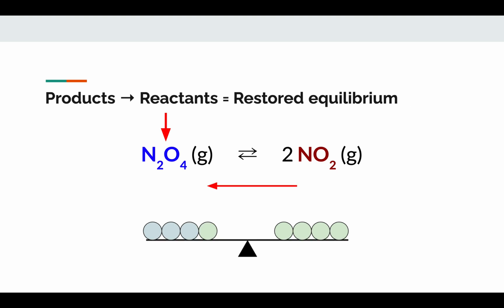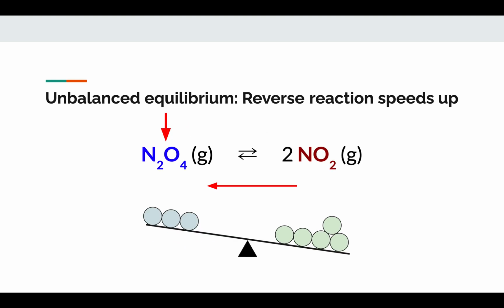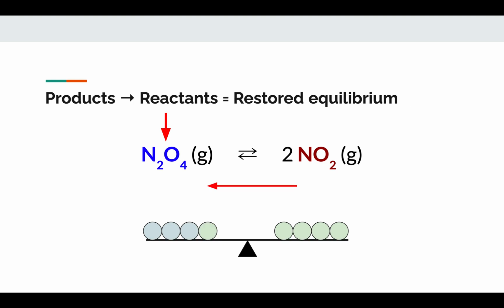That occurs in order to bring things back to balance, and this is all LeChatelier's principle. If we have a change on one side, then we need to undertake a change in order to bring it back into equilibrium. And that's what we're presenting here.